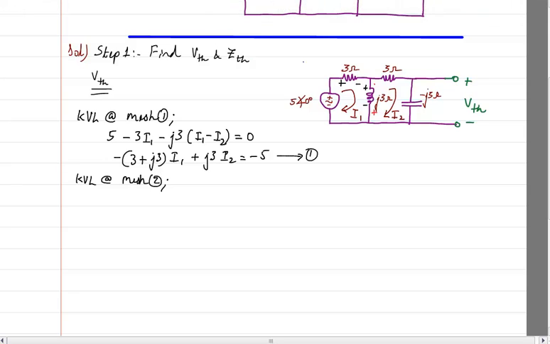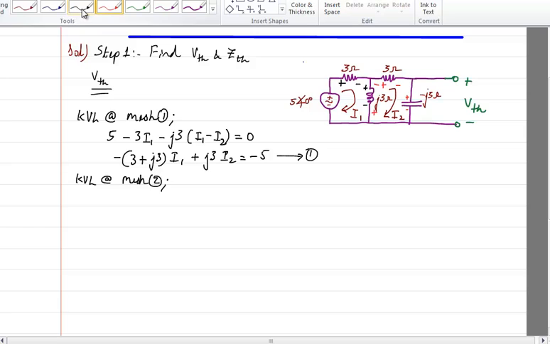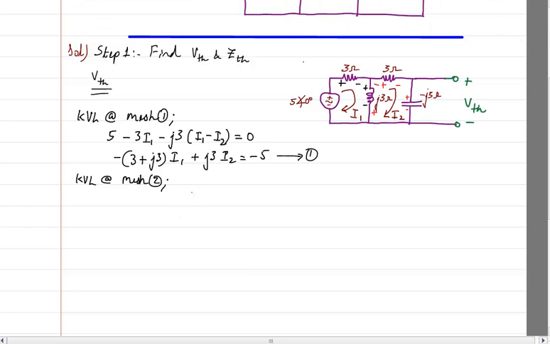So this is going to be plus minus, and this is going to be, okay, so back of the element, j3 (I2 minus I1) plus 3 I2 plus of minus j3 I2, that is equal to 0.